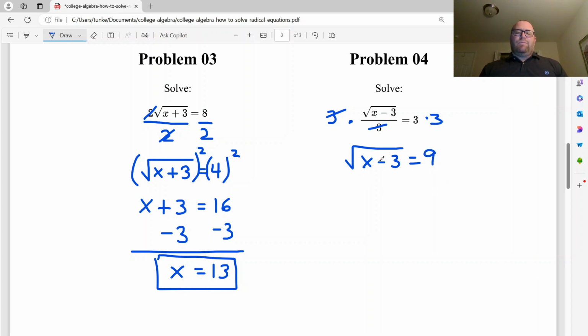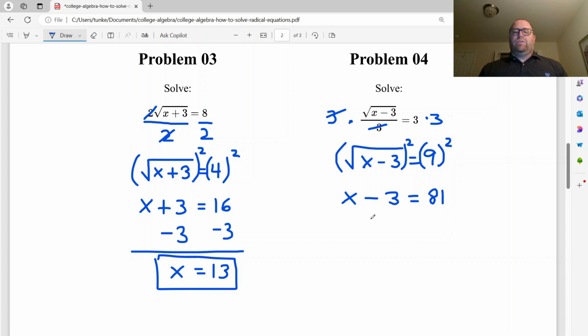Okay, now I want to get rid of this square root here, so I'm going to square both sides. So once I do that, I'm just left with x minus 3 equals 9 squared, which is 81.